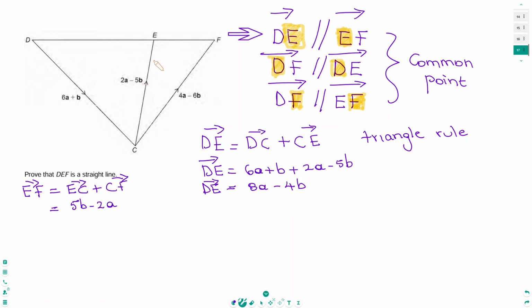This is opposite direction of the vector CE and the CF. So the vector EF is 2a minus b.